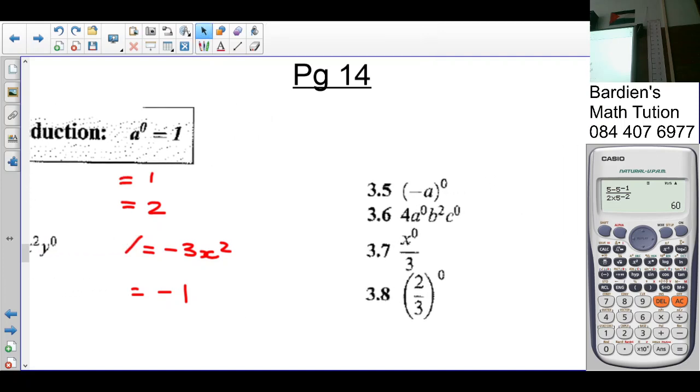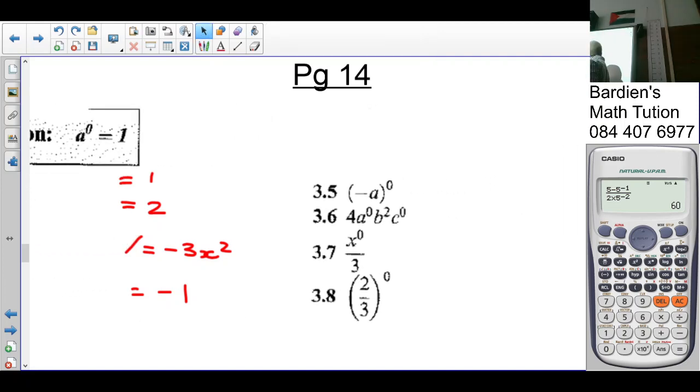I'm going to move this over a bit. Next one? Positive 1. The reason for that is because the 0 is on the negative as well. Okay? So if you look at the sum here, that was negative a to the 0. So that the 0 is only on the a.